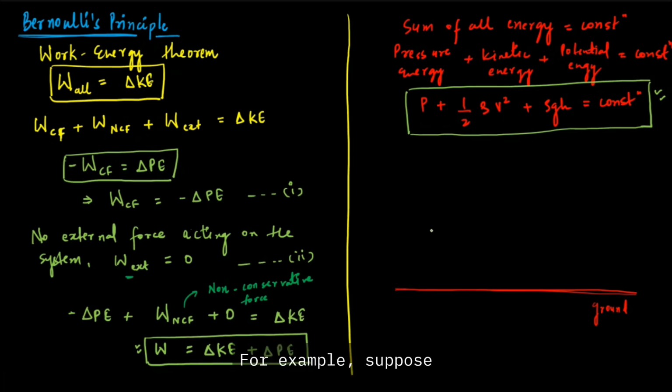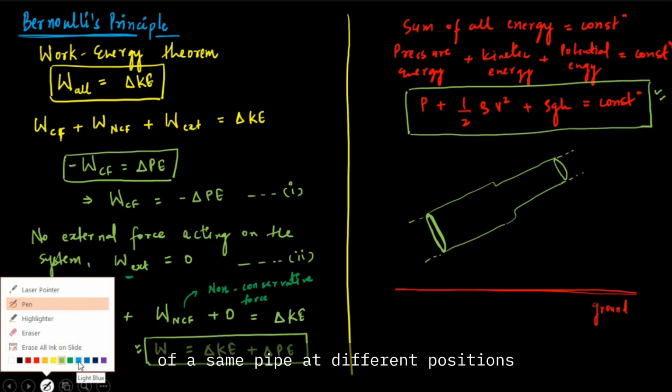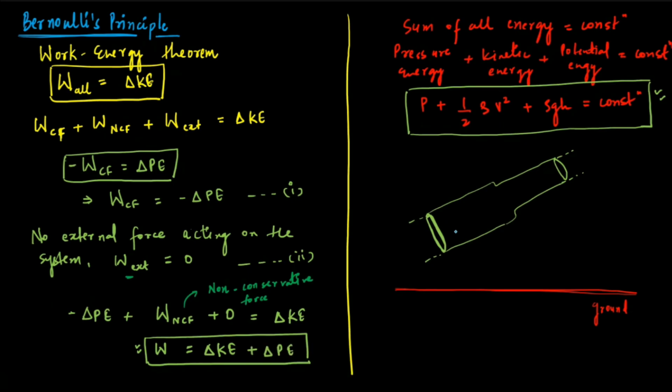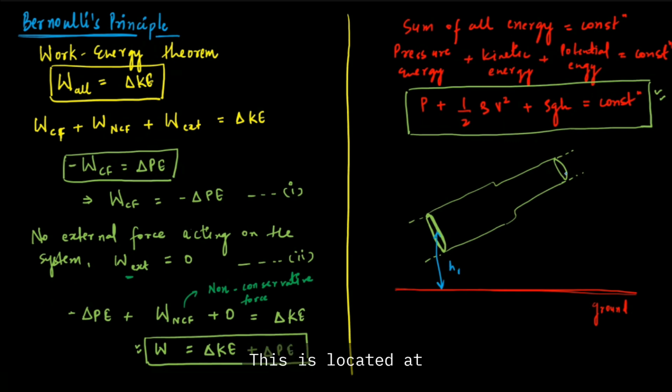For example, suppose these are the two cross-section areas of the same pipe at different positions, at different heights. This one is located at H1 height, I assume. This is located at H2 height.